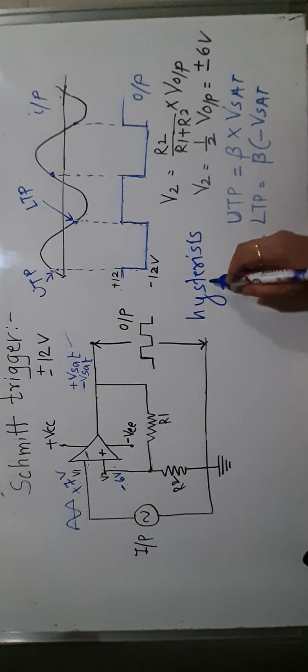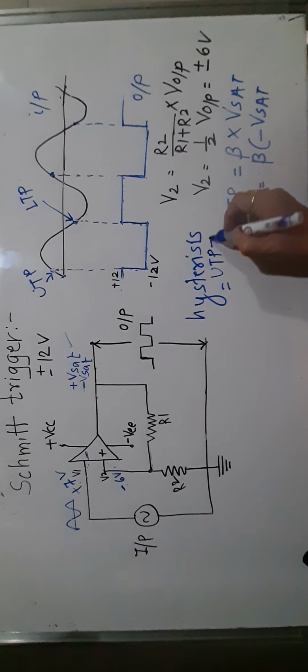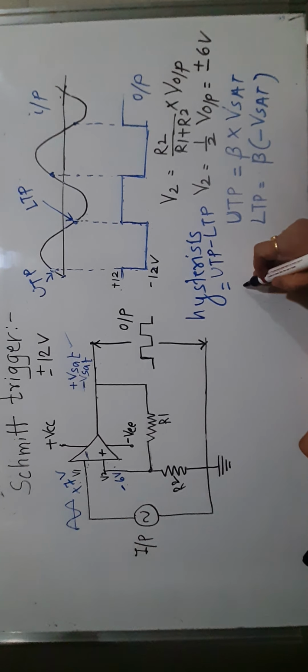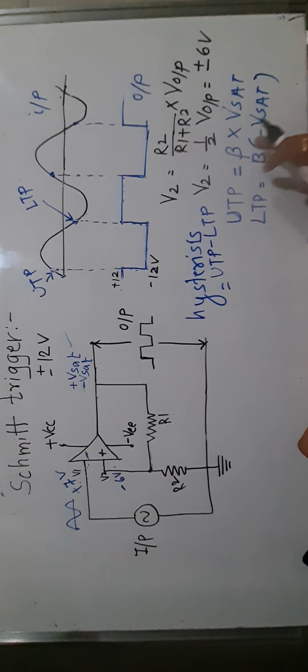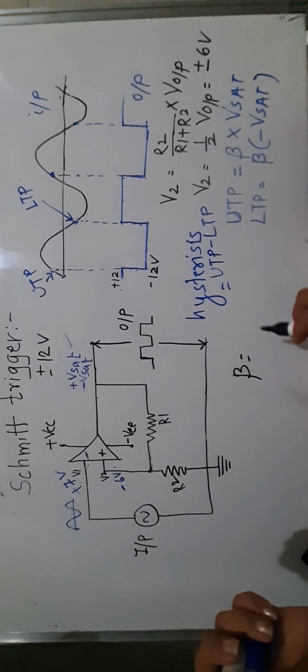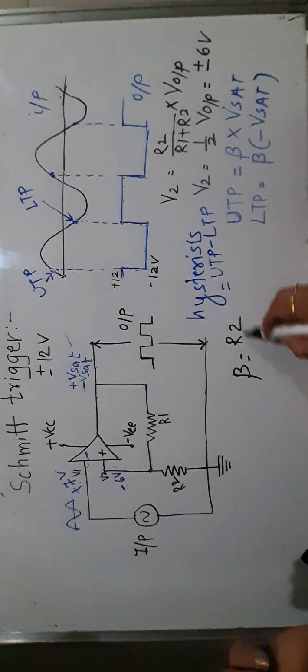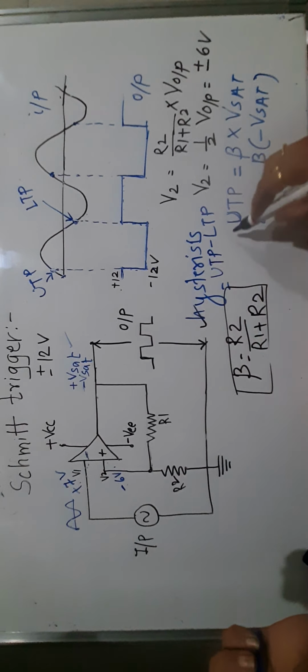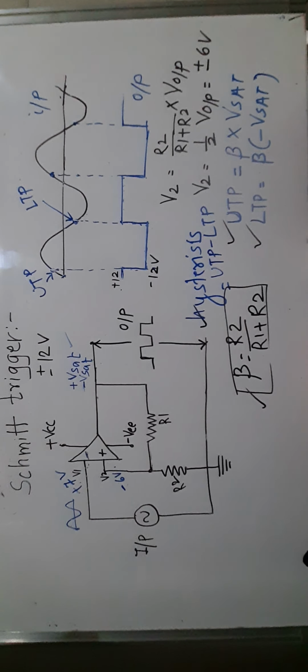Hysteresis is UTP minus LTP. Now what is beta? Beta is the feedback fraction. We know the formula for beta, which is nothing but R2 upon R1 plus R2. So these are 4 formulas on which we can solve the numerical.